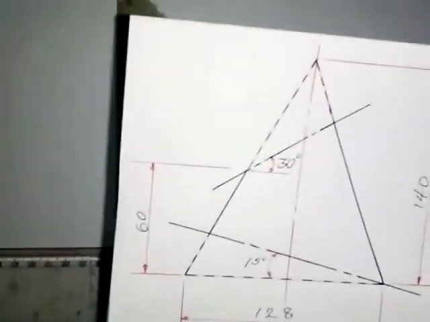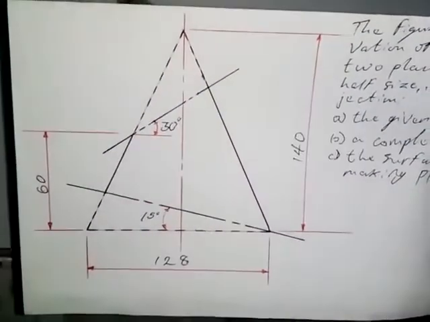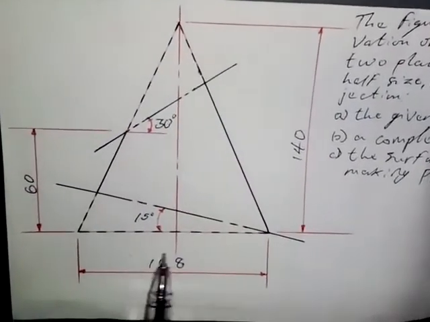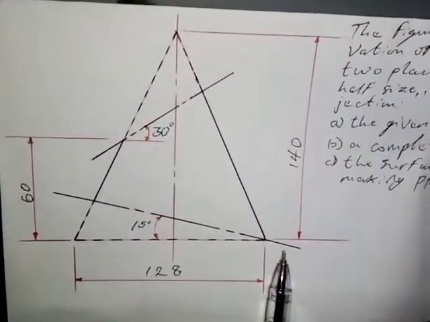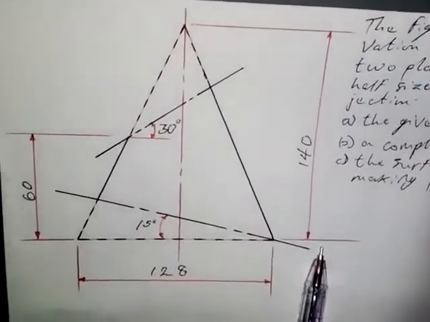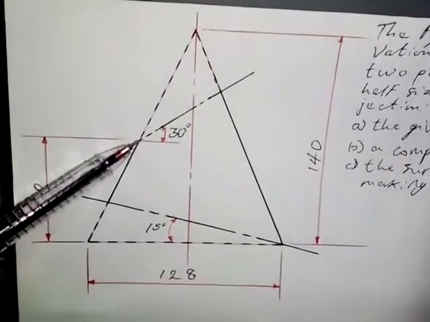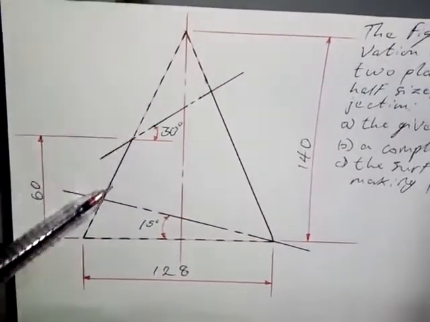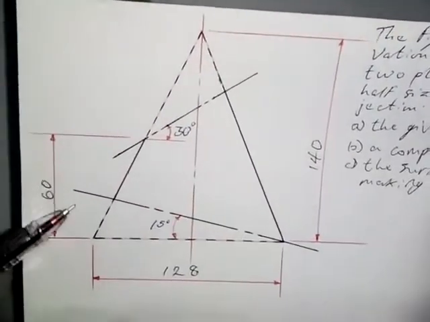Okay, now this is the diagram, and as you can see on the screen, the diameter of the base is 128 millimeters. The height of the cone is 140. The distance of the point where the cutting plane touches this side from the base is 60 millimeters.